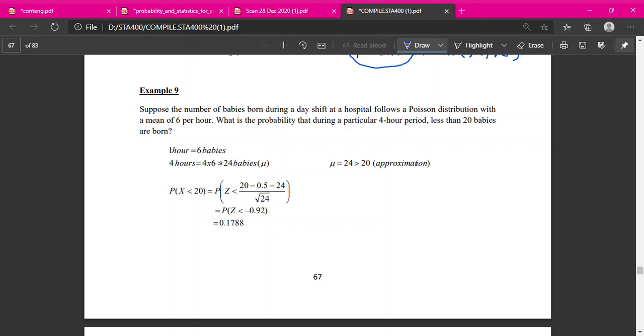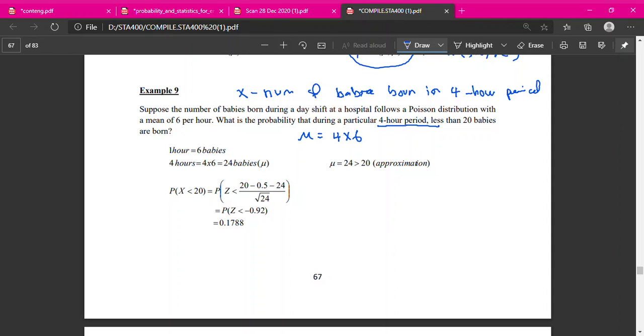Okay, let's say, tengok example kat sini. Suppose the number of babies born during a day shift at a hospital follows a Poisson distribution with mean 6 per hour. What is the probability that during a particular 4-hour period, less than 20 babies are born? So, kita punya random variable kat sini actually adalah number of babies born in 4-hour period, which is the mu adalah 4 multiply 6.